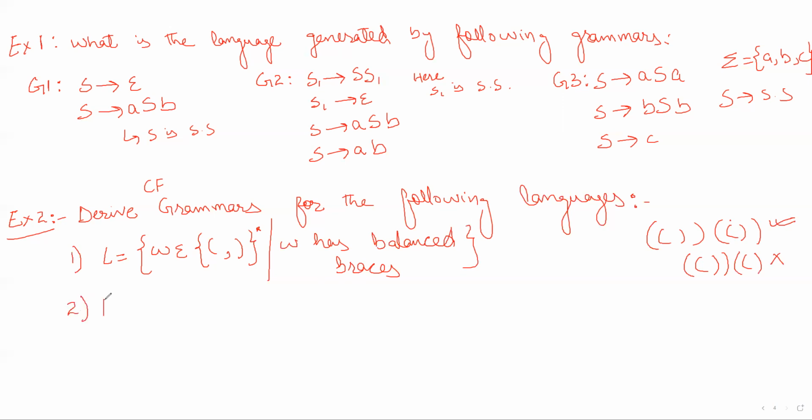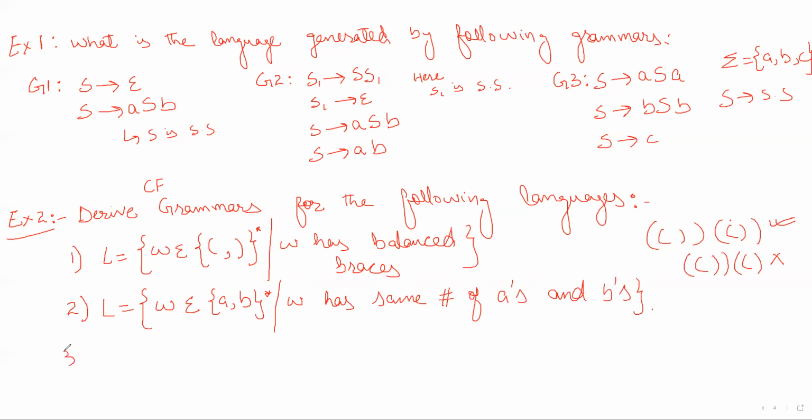Second is L equal to W belongs to {A, B} star such that W has the same number of A's and B's.